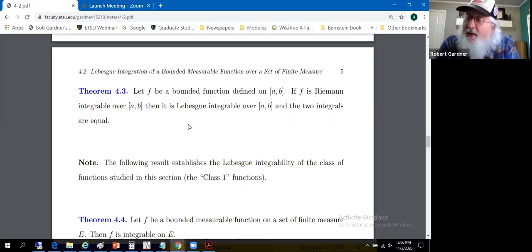I want to be able to integrate more stuff, for one thing, and I want to have a nice theory of integration. Right now, the only thing we've looked at is linearity and monotonicity. We'll look at it again for this class of functions, class 1 functions versus just the class 0 simple functions.